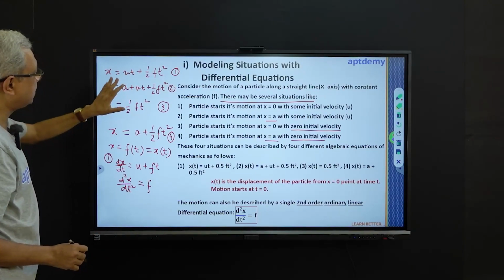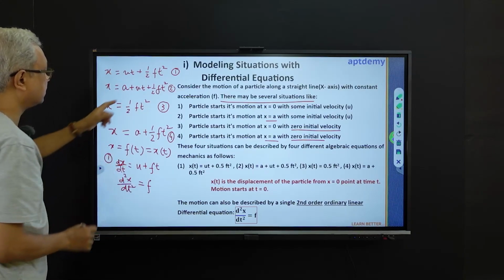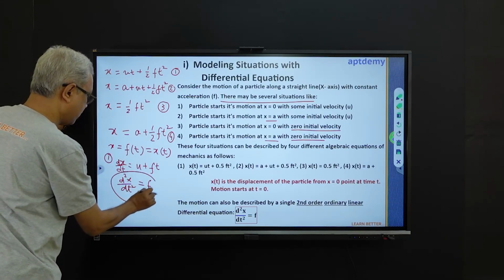Second, same thing, a is constant, so you will get the same thing, d2x dt square equal to f.